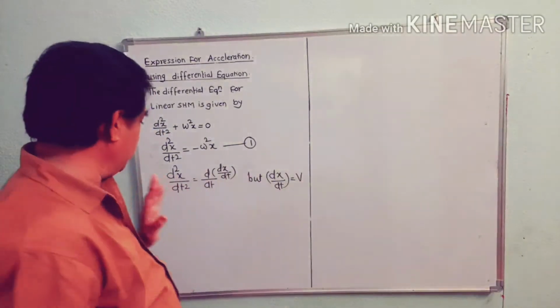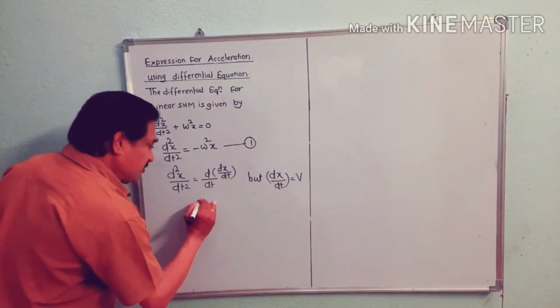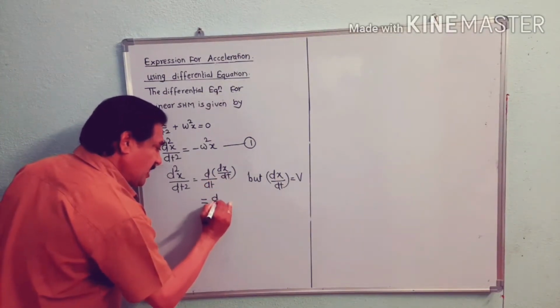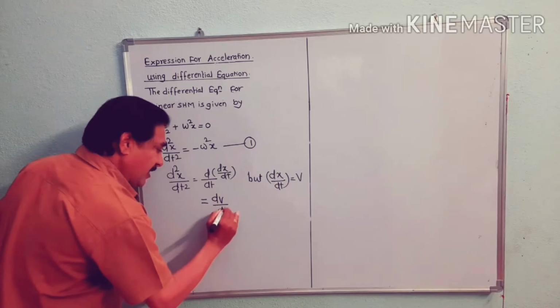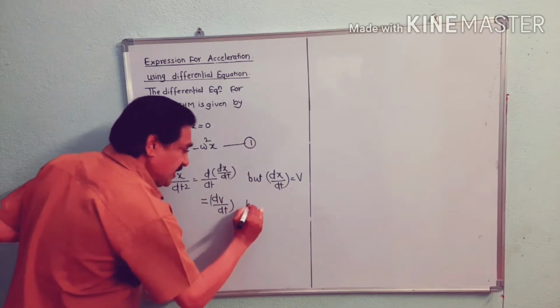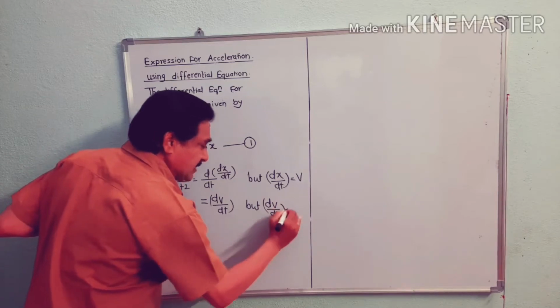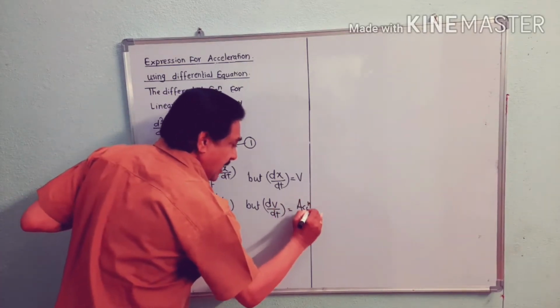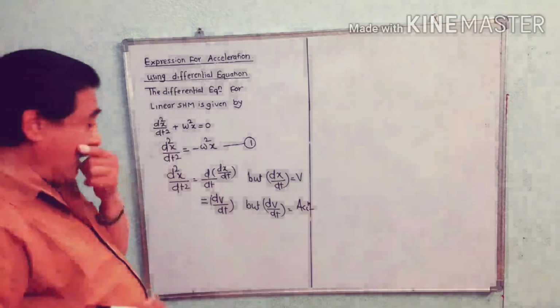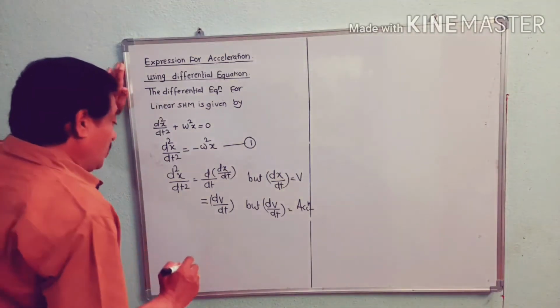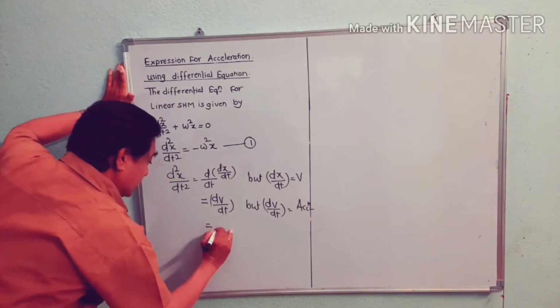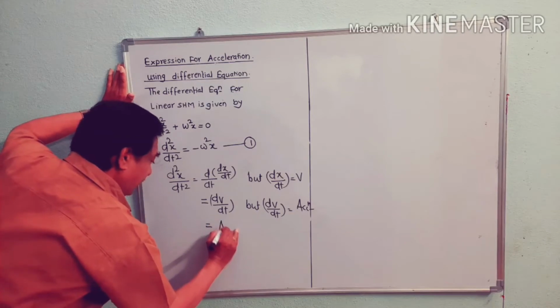So this is velocity. If we substitute this value here, this is equal to dv by dt, but dv by dt is equal to acceleration a.